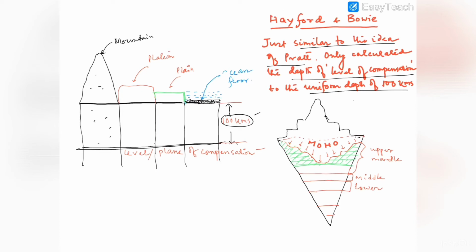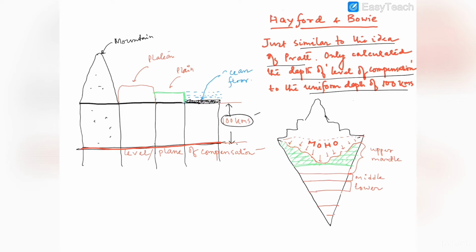That is it. Now if we try to understand what these scholars are trying to find, if I take the example of Sir George Airy, he spoke about roots going up to varying depths. Pratt said there is a uniform level where the crustal materials are getting compensated.